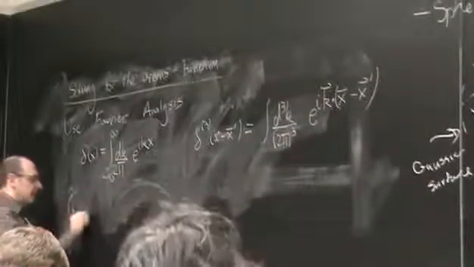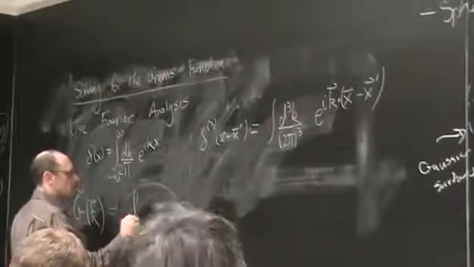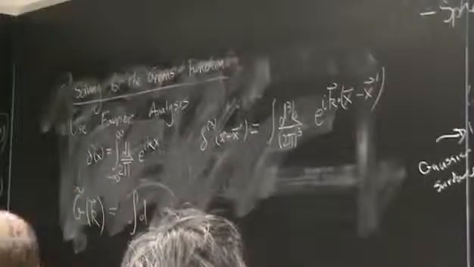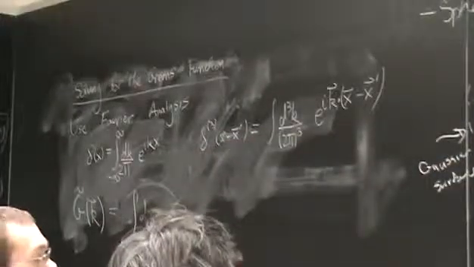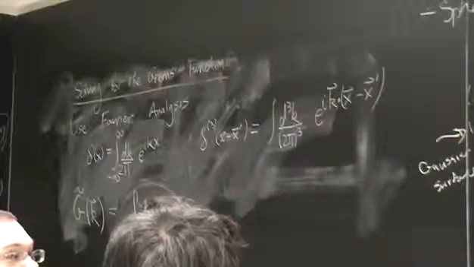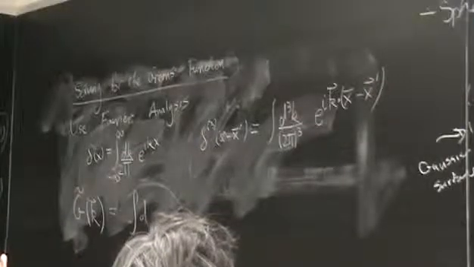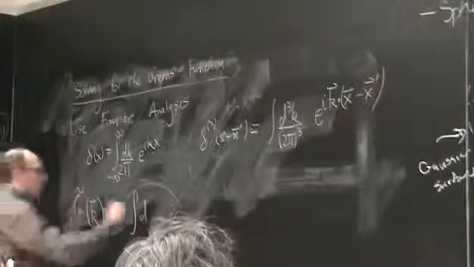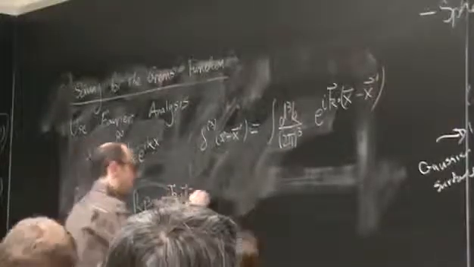The Fourier transform of the Green's function as a function of k is equal to the integral, with a dummy variable y, of e to the minus i k dot y, G of y.